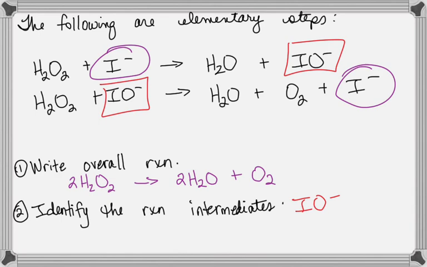Why does the iodide, I negative, not fit that? Well, it's not produced in one step and used in a later one. Do you guys see it's there to start with, and it's regenerated at the end? It's coming back. It's ready to be used again. Do y'all know what I negative is? It's an ion.